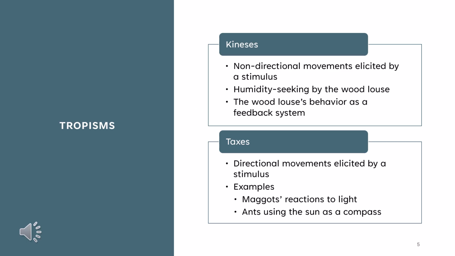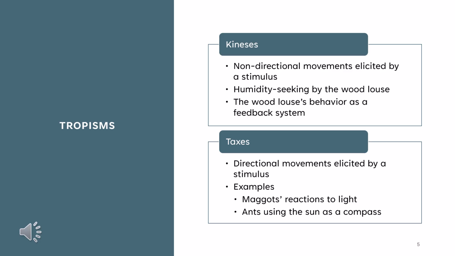Tropisms, taxis, and kinesis are what we look at here. The taxis is directed movement towards or away from something. It's directional movements that are elicited by a stimulus. It gives you the example here, maggots' reaction to light, ants using the sun as a compass, right?